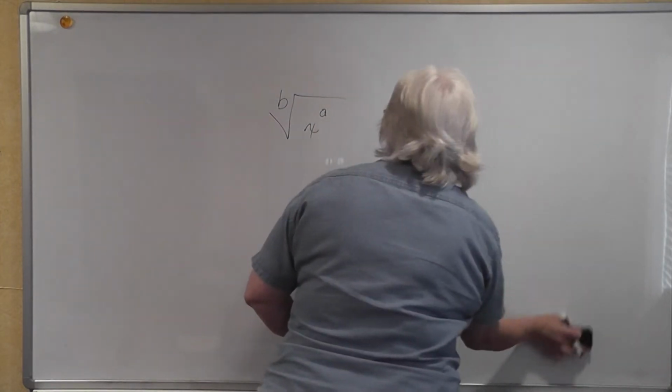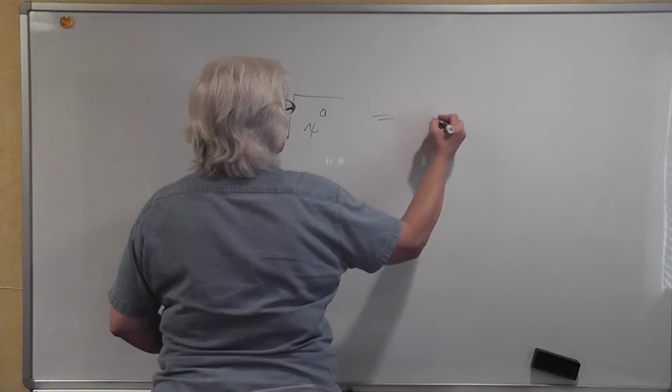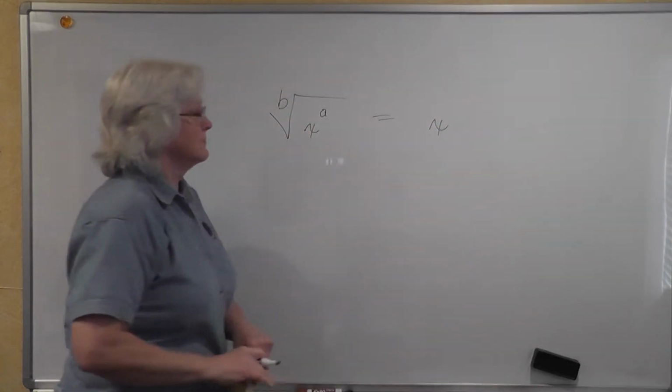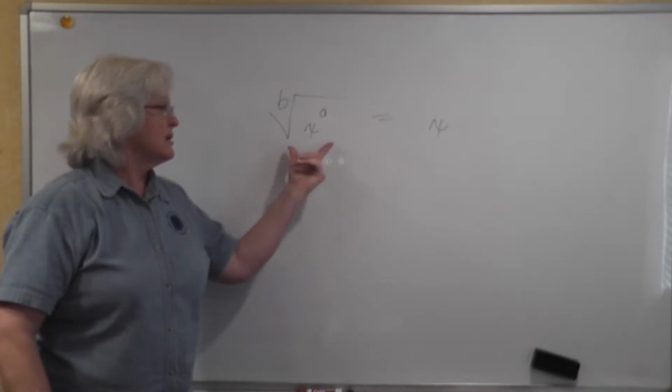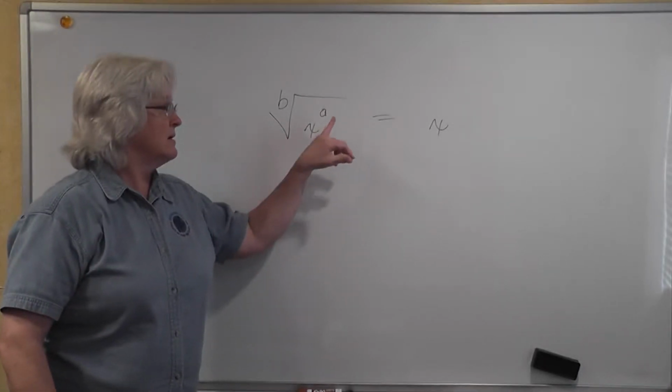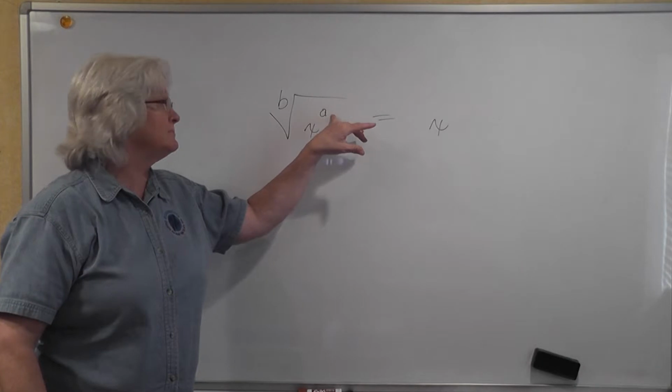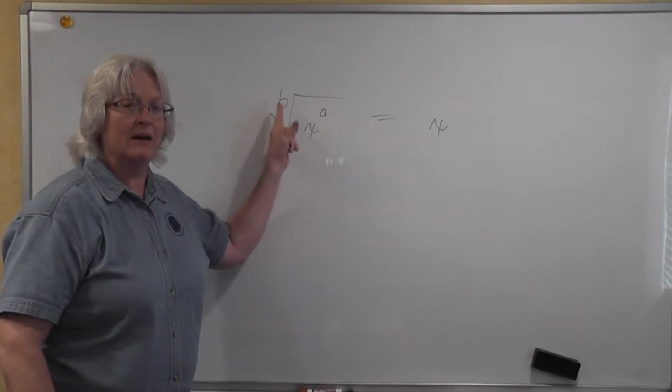And the way that that works is, what do we have in here? This is the radicand. This is the exponent. This is the index.